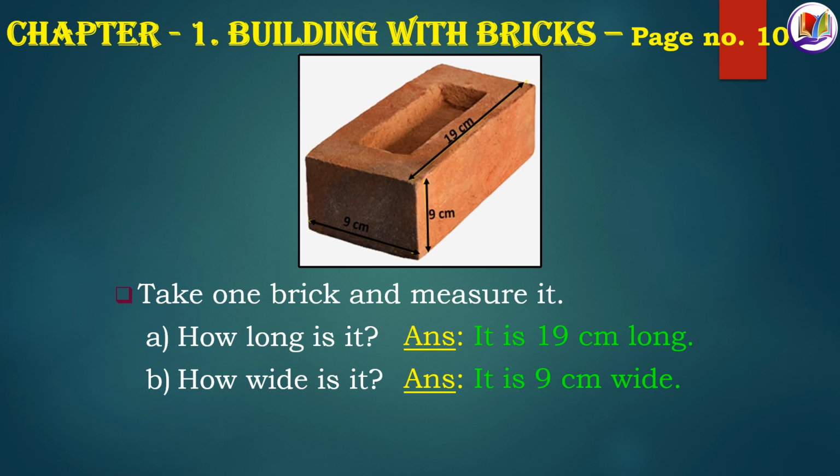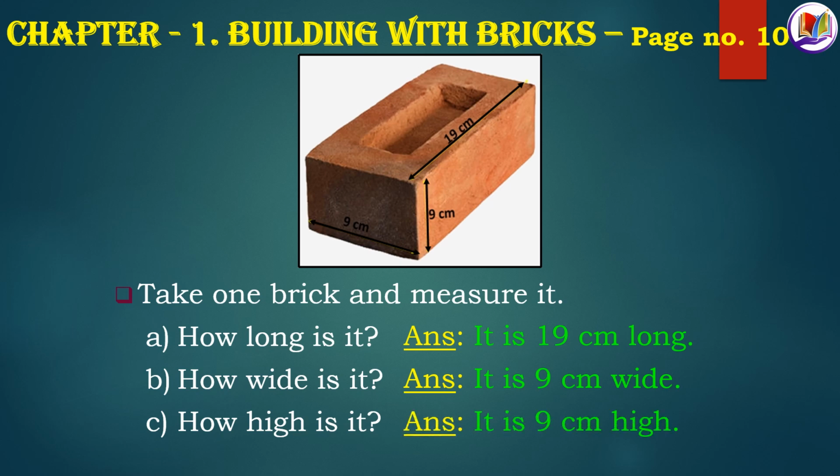That is, its breadth is 9 centimeter. How high is it? Its height is around again 9 centimeter. Now, there are different kinds of bricks. So, you can try and measure them and find out their dimensions. The measures may be different depending on the size of the brick. Okay?